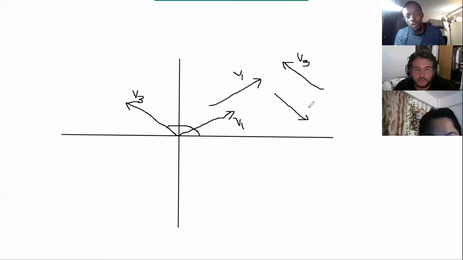And this one, let me call it V2, is pointing towards the fourth quadrant, right? How about this one, let me call it V4?